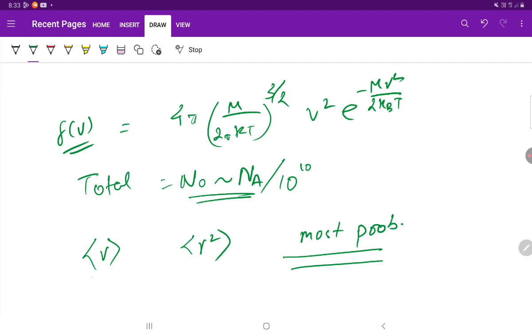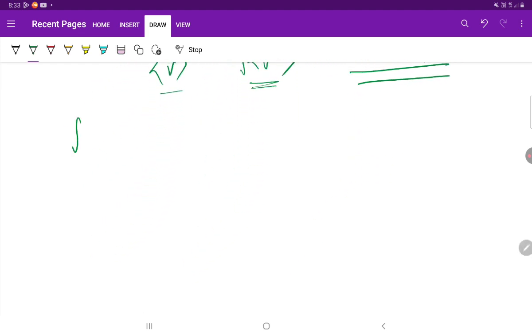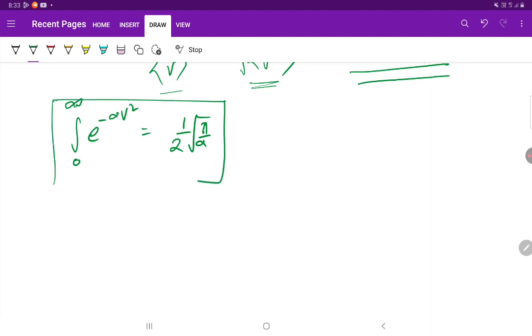But deriving the average v and RMS velocity involves a little bit of calculation and a Gaussian integral. Only one thing you need to know: integral of e to the power minus alpha v square from 0 to infinity is given as 1 by 2 root pi by alpha. This is a very important result you must know to solve the Maxwell-Boltzmann equations.